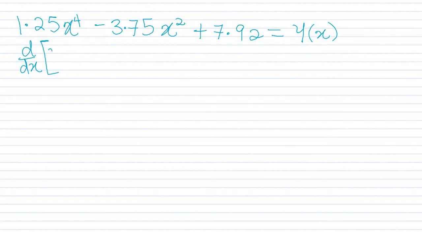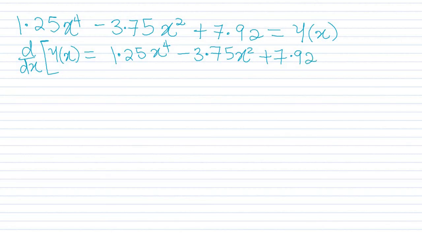So you have d/dx of y of x equals d/dx of 1.25x to the 4th minus 3.75x squared plus 7.92. So we're going to differentiate all of this.